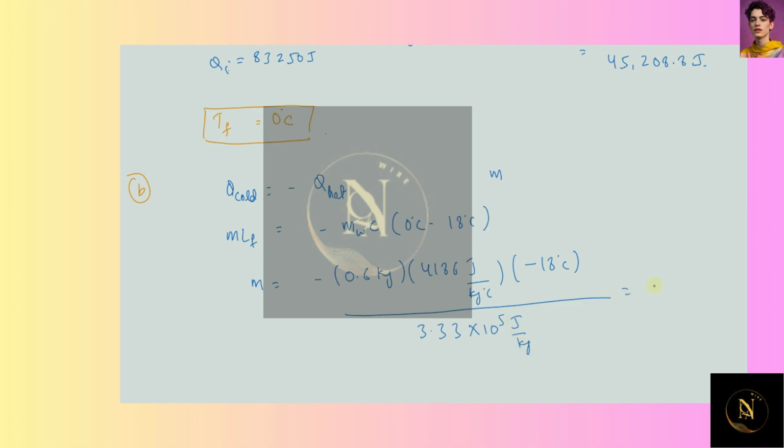So the mass comes out to be 136 gram, and so the mass of ice remaining will be equal to the initial mass, 250 gram, minus 136 gram, and that will be equal to 114 gram. So finally we can conclude that the mass of ice remaining is 114 gram. So this is the final answer.